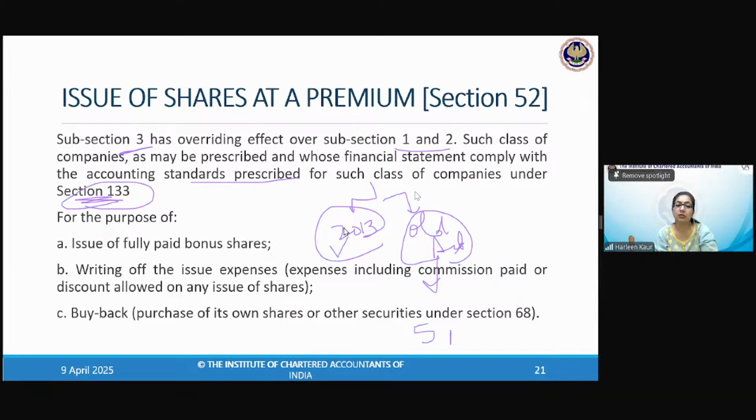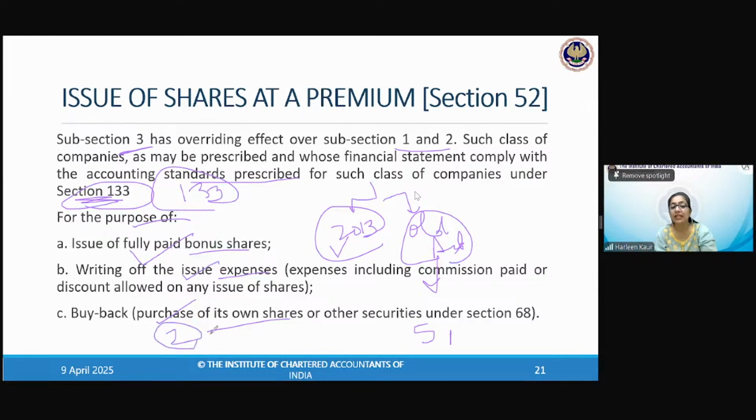But since 2013, we know that compliance with accounting standards under section 133 has become compulsory. There are many companies whose financial statements have to comply with the accounting standards, that is AS, under section 133. Now, for those companies, the purpose of SPA will only be for 3 purposes: for fully paid bonus shares, for writing off issue expenses, and buyback of securities.